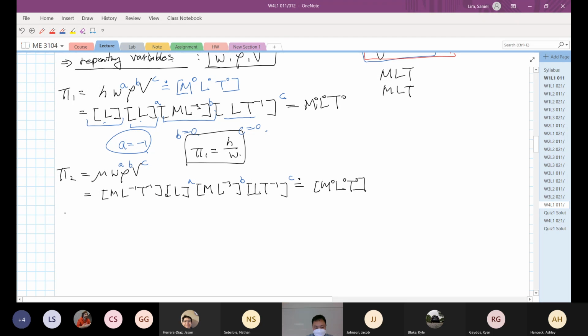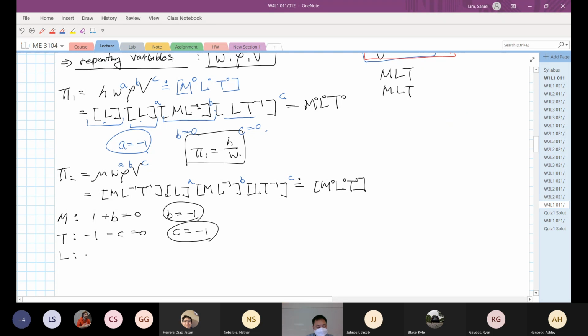Okay, same, let's do it. The easiest one is going to be M, I guess. We have a 1 M, 1 plus B there. It's going to be 0, so B is -1. Now T, we have a -1, then there's a -C equals 0, so C is -1.